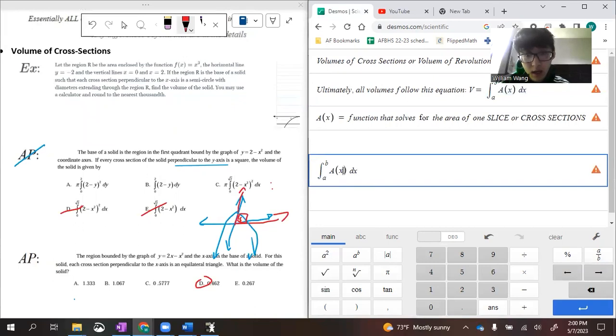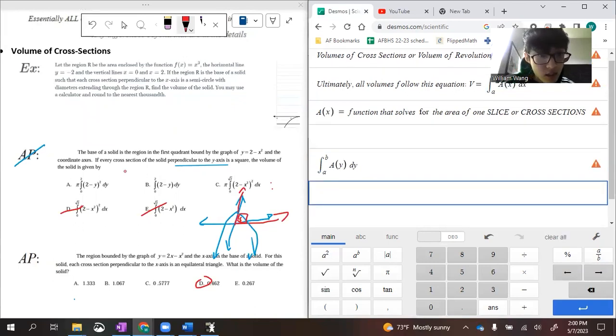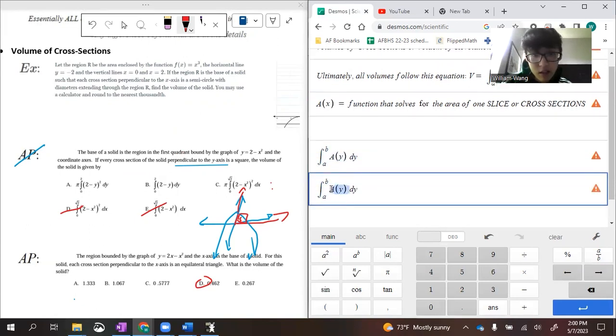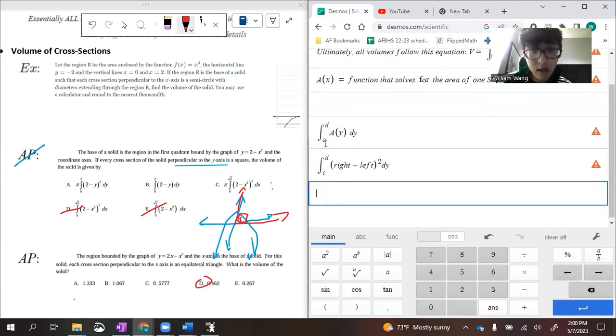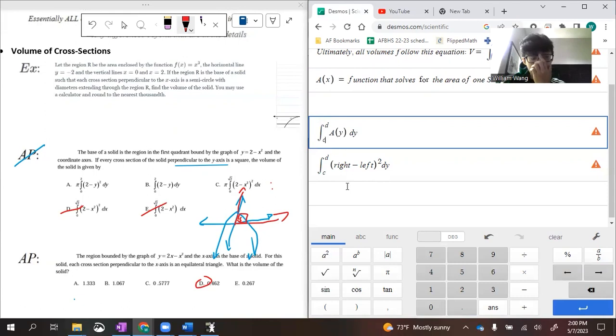In each integral, everything's in terms of y, dy. For whatever my area is, this was a square, so it's s squared. My side squared is going to be the right function minus the left function. Instead of a and b, I'm going to use c and d because everything is on the y-axis now. What is my right function?